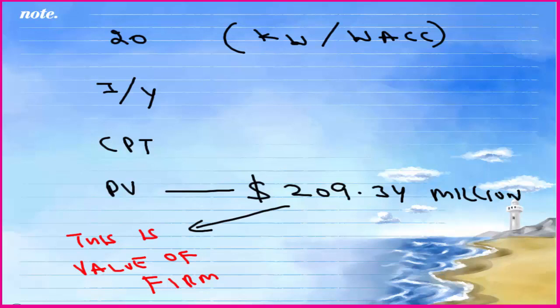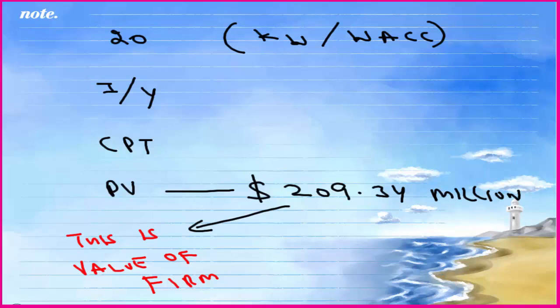So what I did, I only calculated the present value of future cash inflows. Now those future cash inflows can be calculated by the dividend discount model, or as free cash flow for the firm, or as free cash flow for equity. In this example, I have used those inflows as per free cash flow for equity.